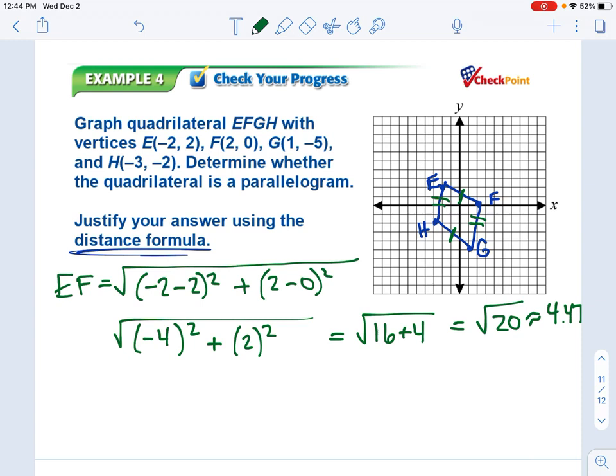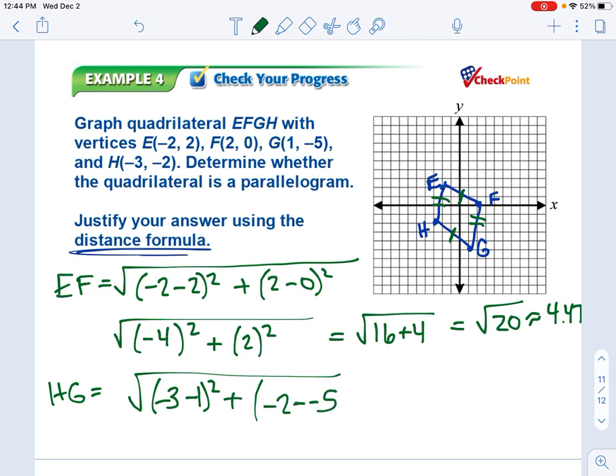So let's then find HG. So we need to find the distance of HG then. So H: -3 minus 1 squared plus -2 minus -5 squared.